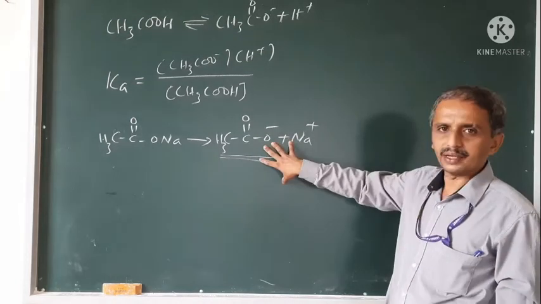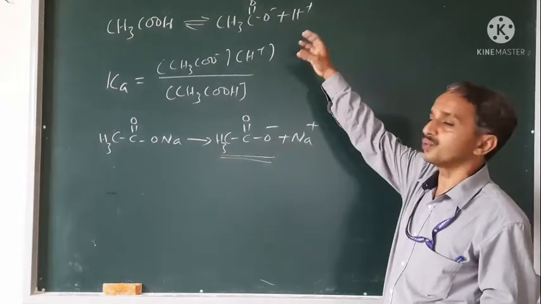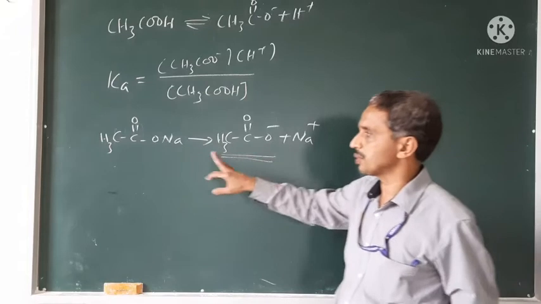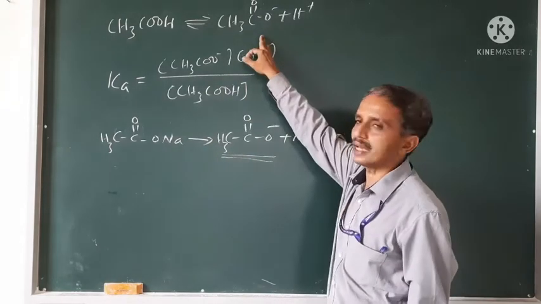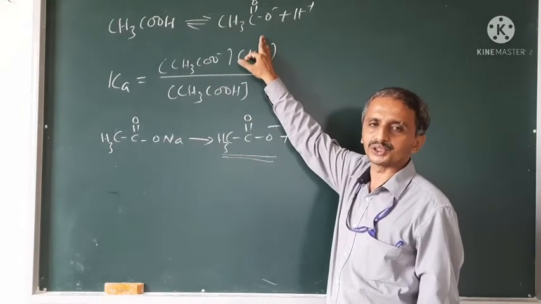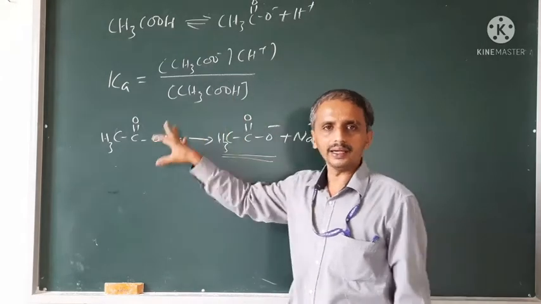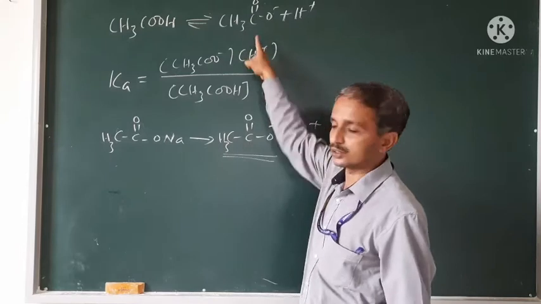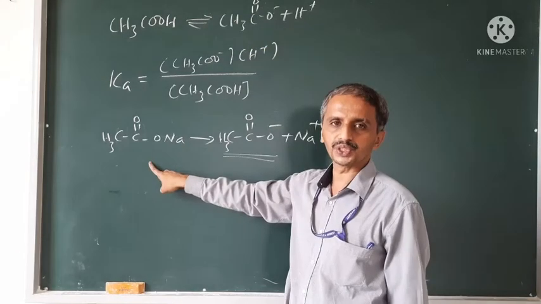So I am adding a constraint in the form of addition of one of the product concentrations. Please remember, I did not directly increase the product concentration, but I added a substance which will increase the product concentration by its dissociation.